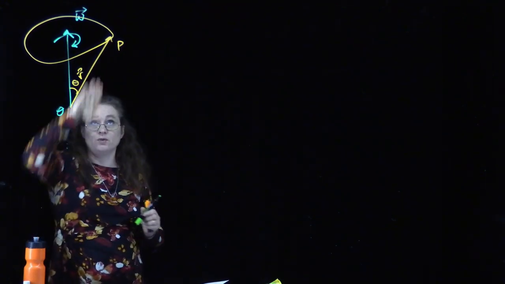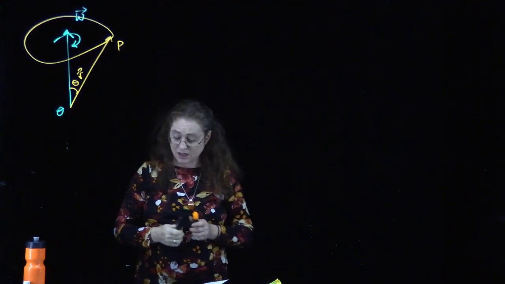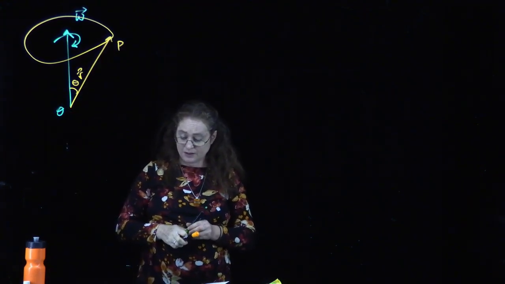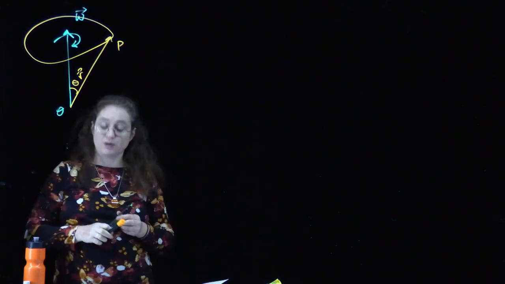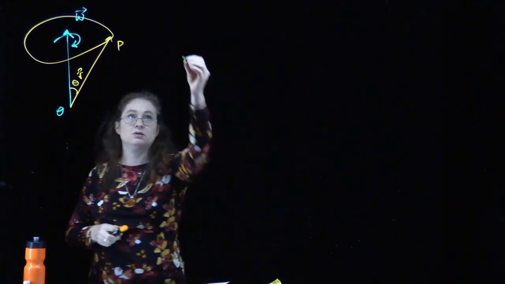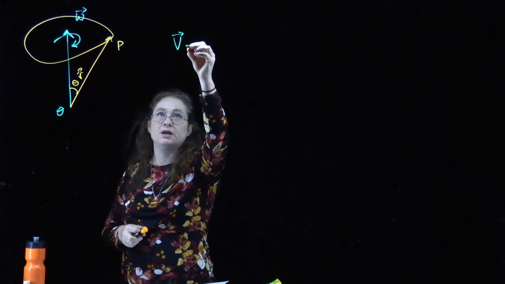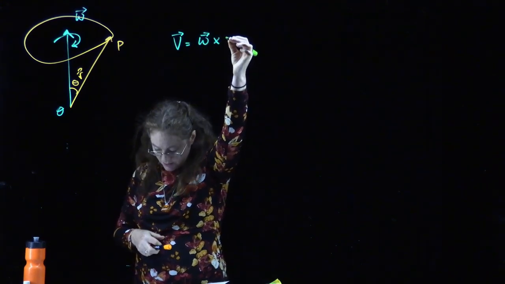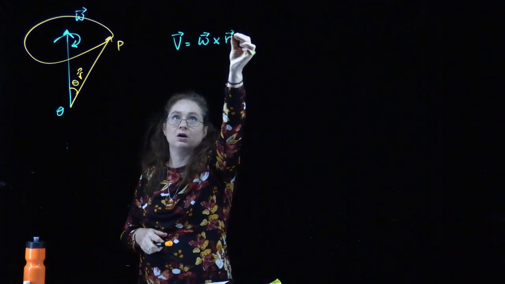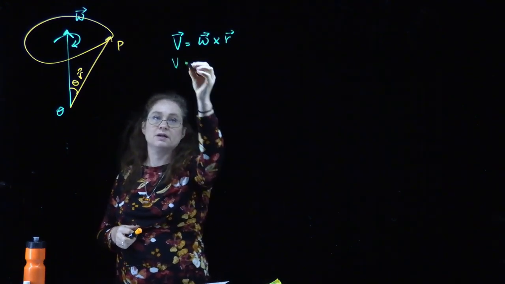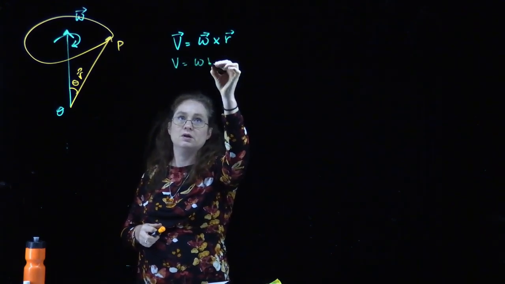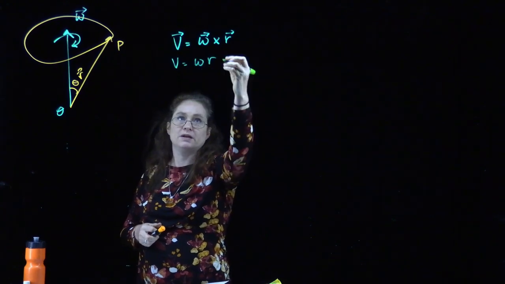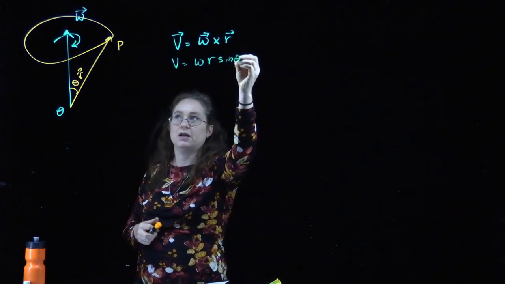And then we want to know what the velocity due to the rotation is. So it turns out that the velocity due to the rotation is the cross product between omega and r. The cross product is going to have a magnitude of the product of the two magnitudes and then sine theta.